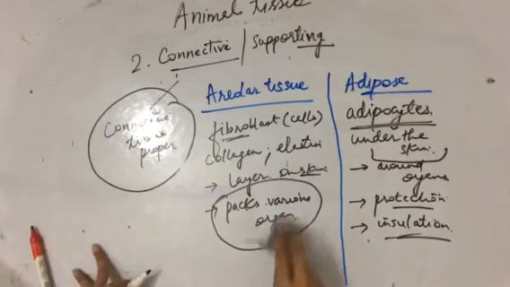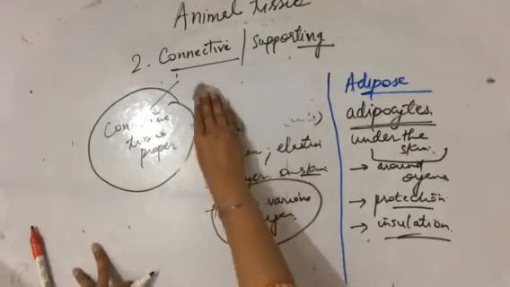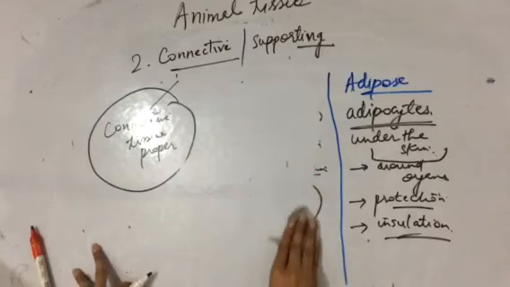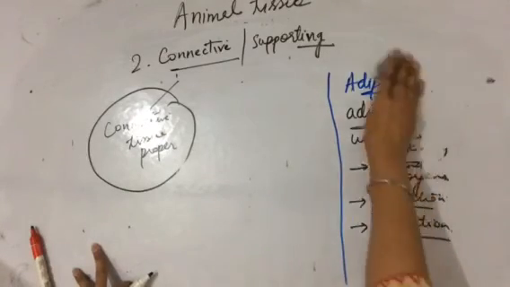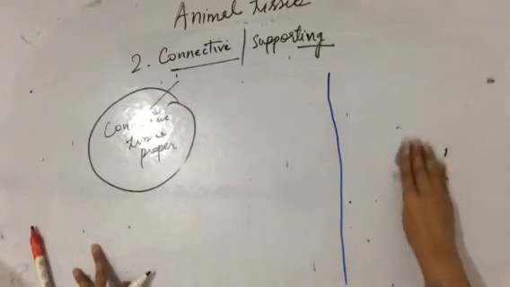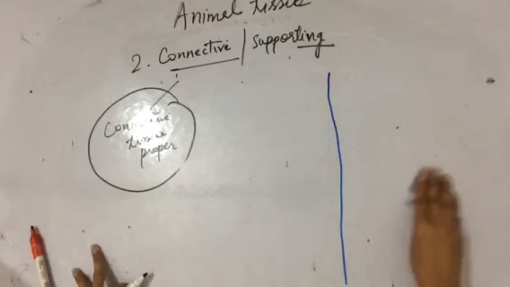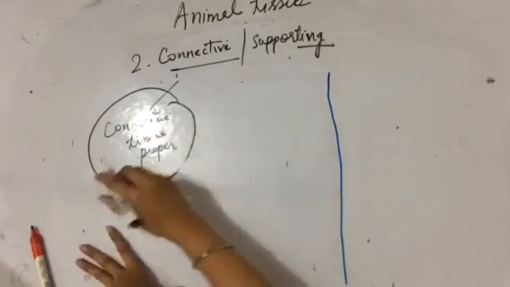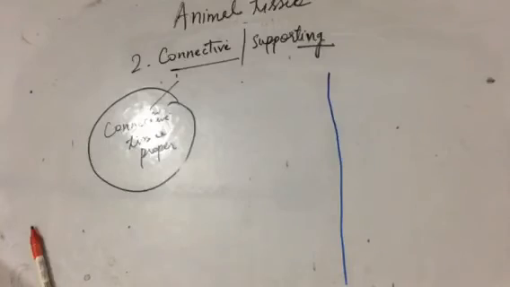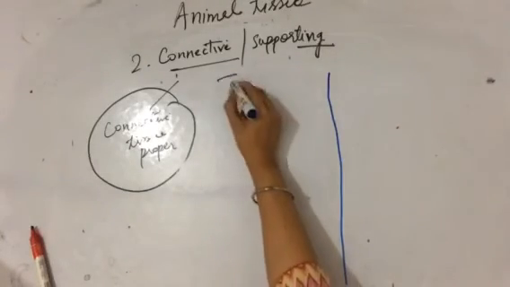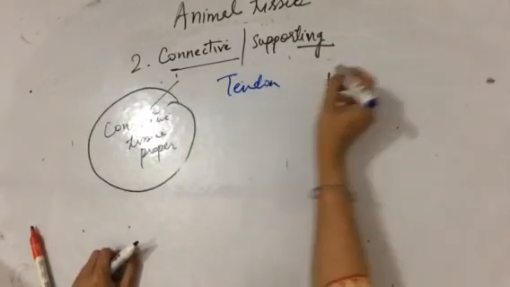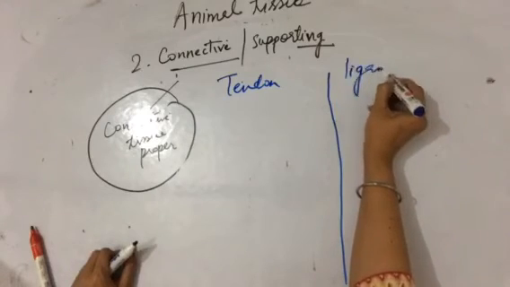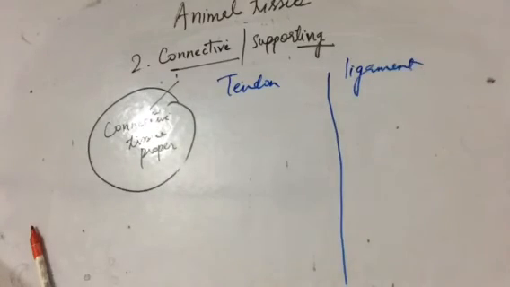The third type of this tissue is tendon, and the fourth is ligament. A differentiation question might arise from tendon and ligament as well. Tendon, ligament. So what is happening in tendon is, again, the two fibers.